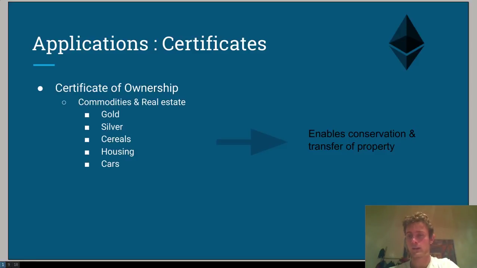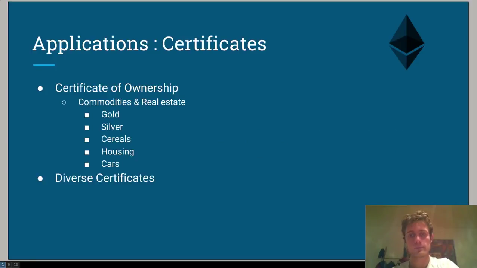And you could do that trustlessly, without needing to trust a third party, automatically and without fees. And it would be monitored by the network.